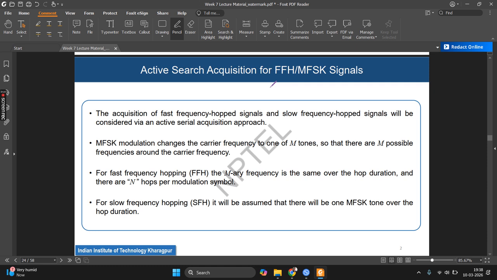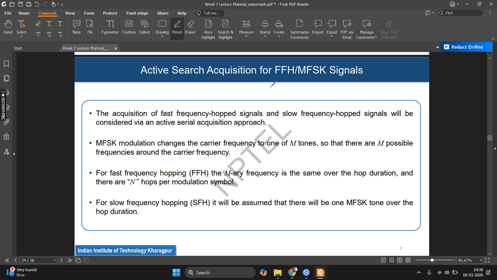However, if your chip rate is higher, that is your chips are changing 2, 3, 4 times and then your frequency hops, then you are doing slow frequency hopping. It depends on whether the chip rate or the hop rate is greater. If the hop rate is greater, it is fast. If the chip rate is greater, it is slow. So the acquisition of fast and slow frequency hop signals will be considered.